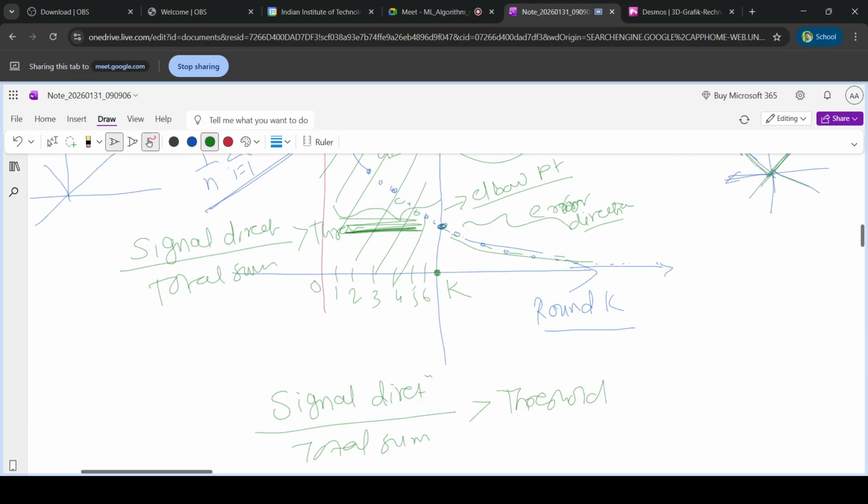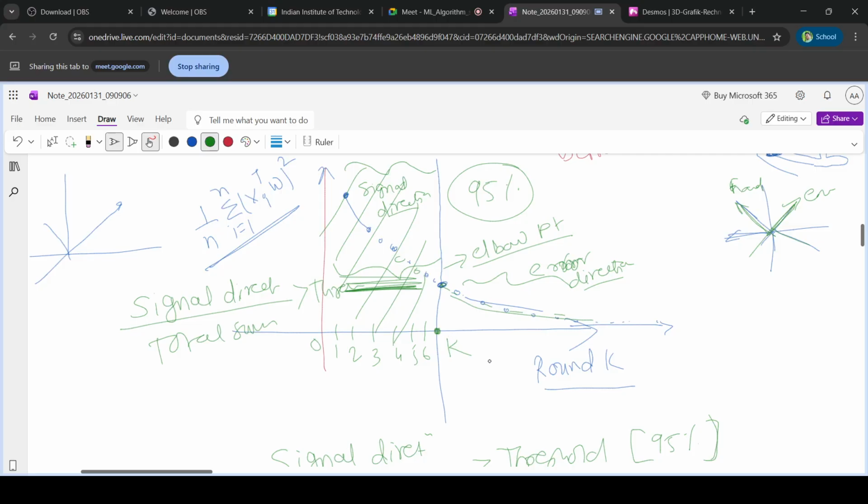And how much is that threshold? In practice we generally consider the threshold to be 95%. So out of 100, whatever K you are getting here, the K should give you 95% of this value.